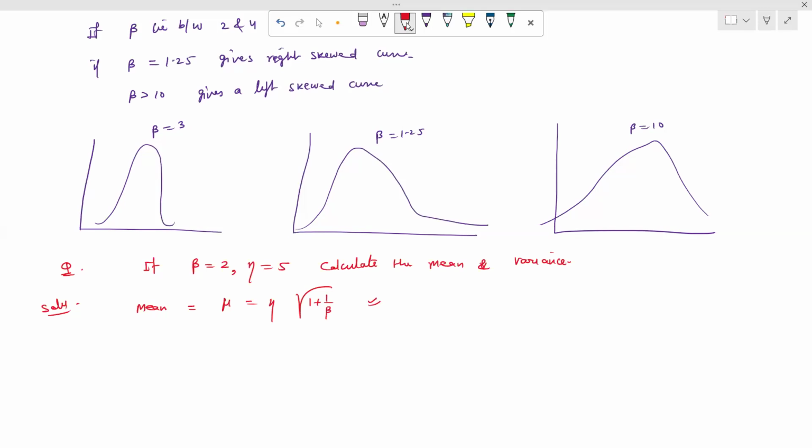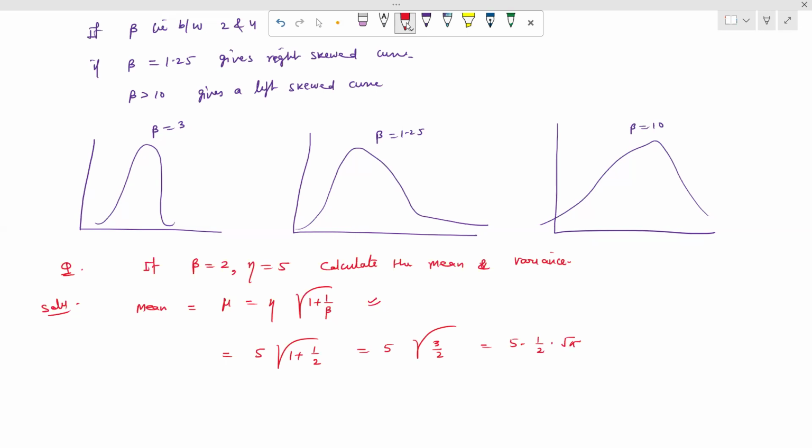We write this as eta equal to 5, gamma of 1 plus 1 upon 2, which is gamma of 3 by 2. We know the value of gamma 3 by 2 is 1 by 2 into root pi.